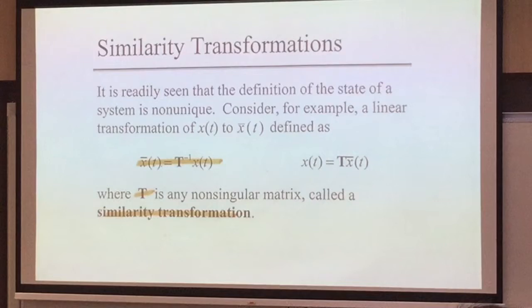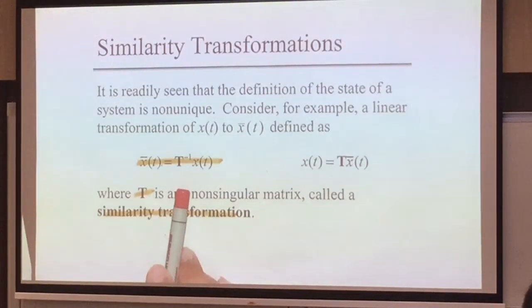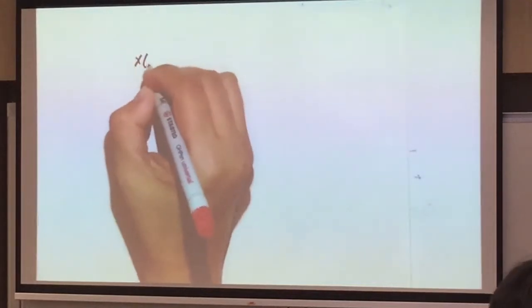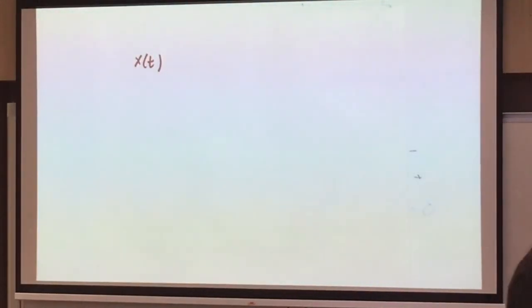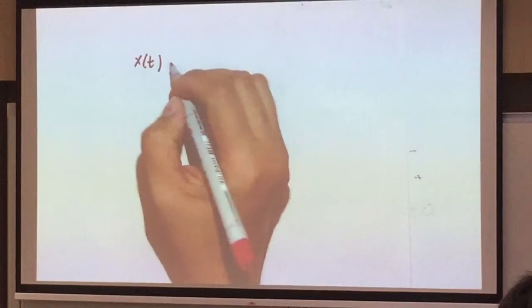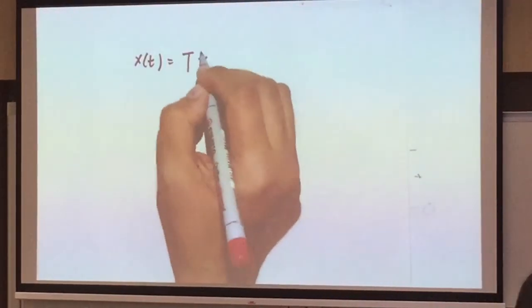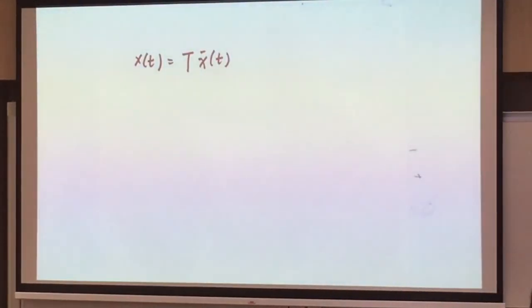But before we go into that, let me just illustrate to you what happens when you have such a transformation. What we are saying is that we can define a state x(t), and another set of states x bar in this manner.